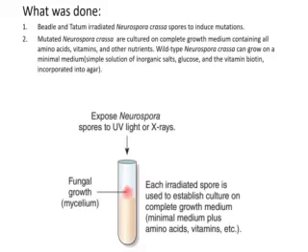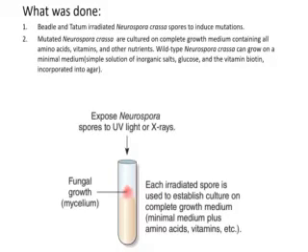Next, the mutated Neurospora crassa are cultured on a complete growth medium containing all amino acids, vitamins, and other nutrients. Wild-type Neurospora crassa can grow on a minimal medium. What is minimal medium? It's a simple solution of inorganic salts, glucose, and biotin incorporated into agar.